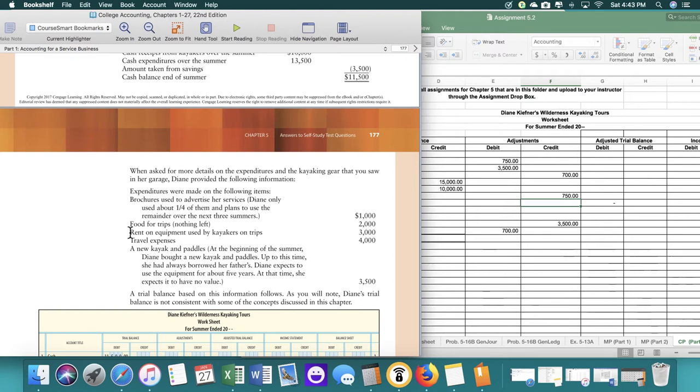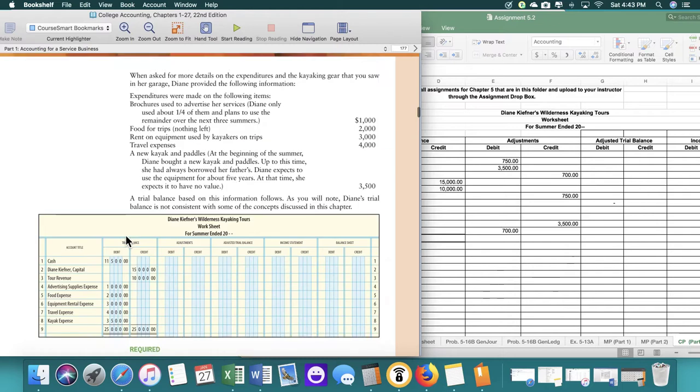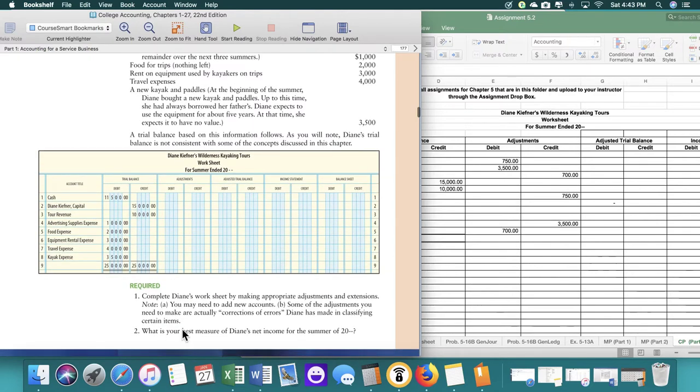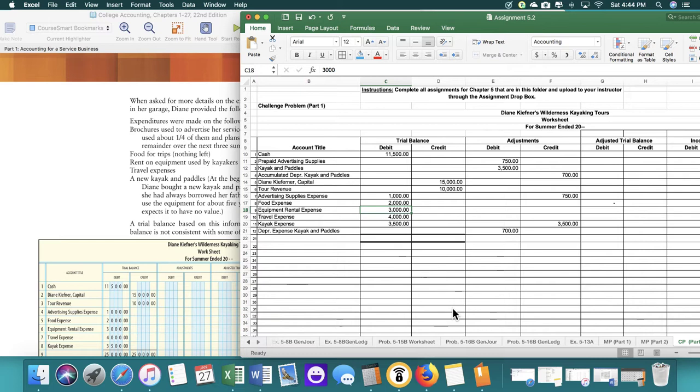Okay, so really, rent equipment. Let's see. So far it looks good. Let's make sure our totals balance first in the trial balance.